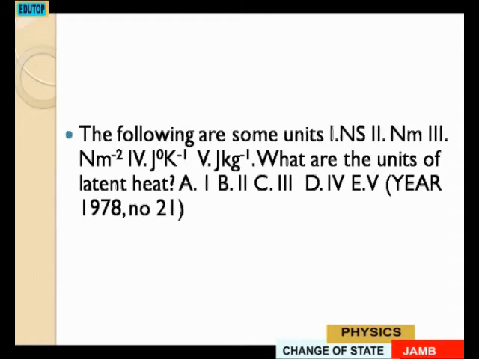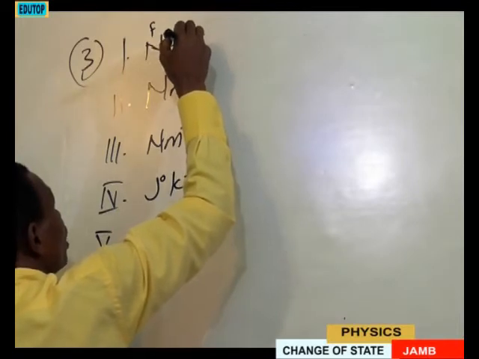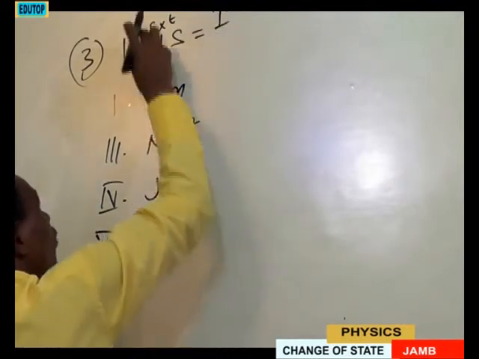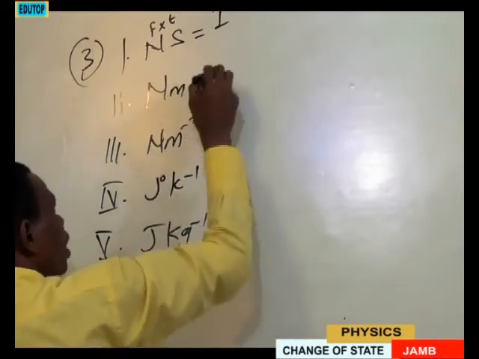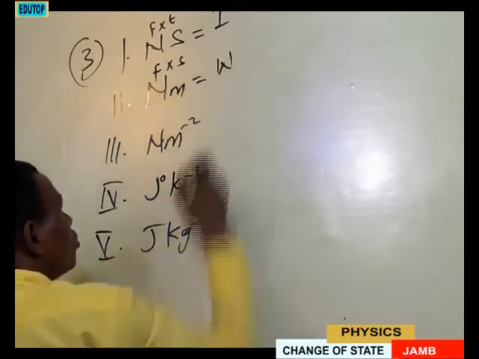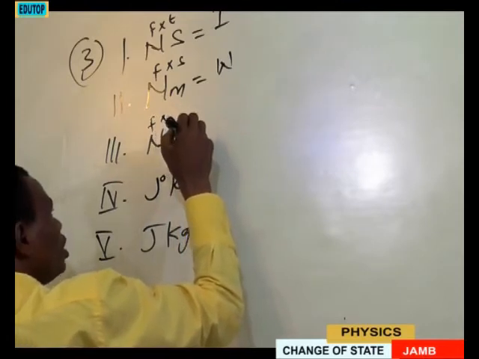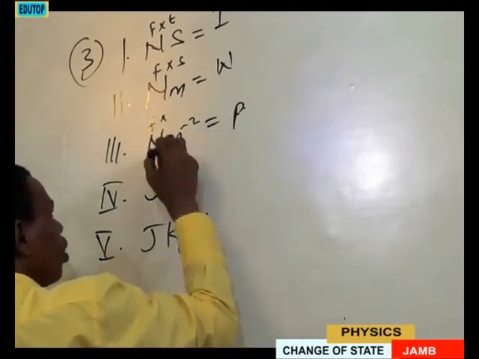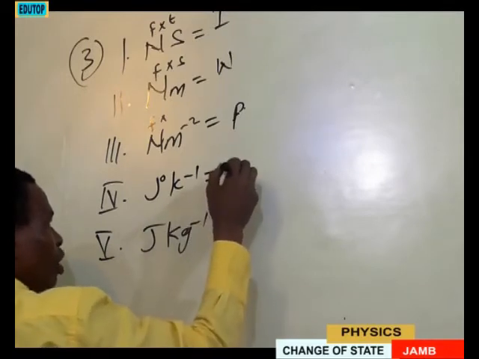Out of all this, Newton is force and seconds is time, so this is impulse, which is force times time. Newton meter, force times distance, is work. Newton per meter squared is force over area, which is pressure. This one is not relevant.